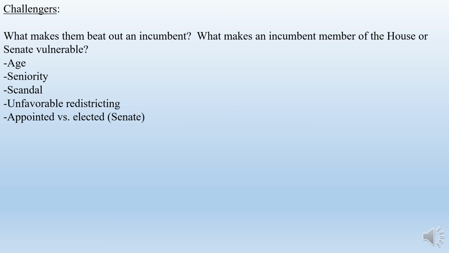But in most cases, a scandal that may not be illegal, but that is immoral, will bring the end of a candidate's time in office. Now, I'll give you a Democratic version of this as well.